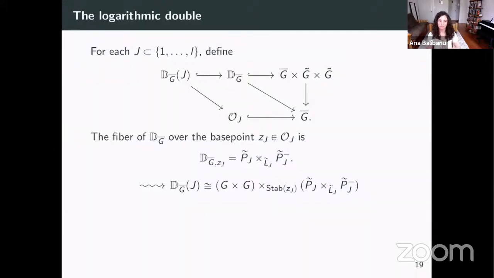So if we think of the log cotangent bundle as a bundle of Lie algebras, then this logarithmic double is exactly the bundle of Lie groups that integrates it. Except again, it's not a locally trivial bundle of Lie groups, because the Lie groups sitting on the boundary are topologically different from the copies of G sitting in the open dense piece.